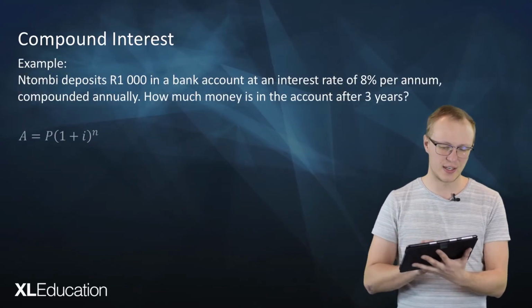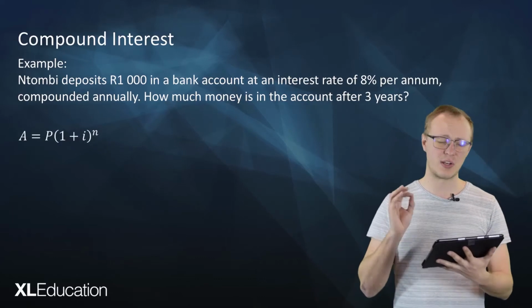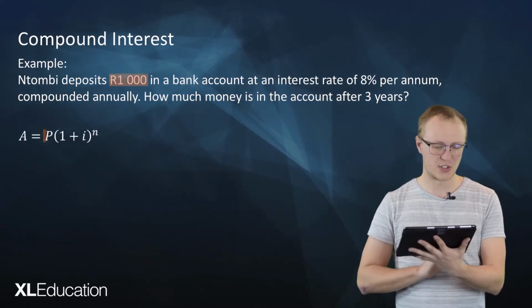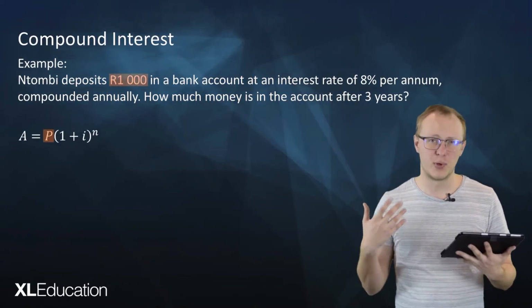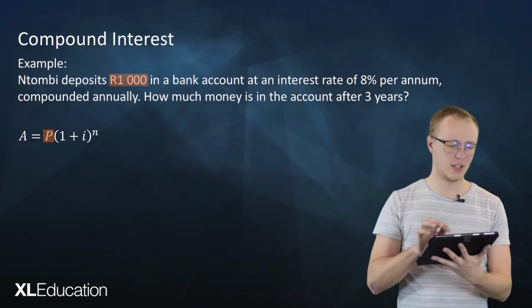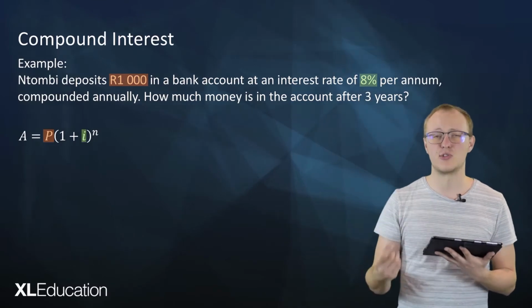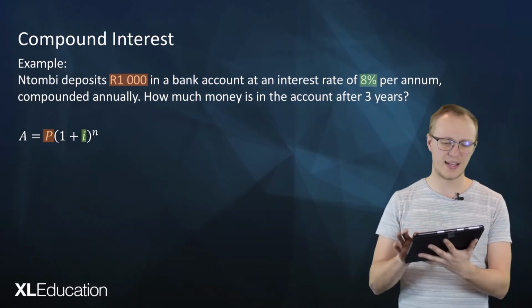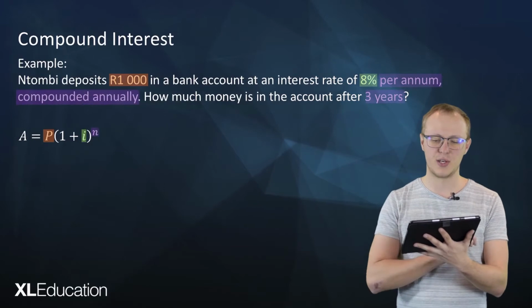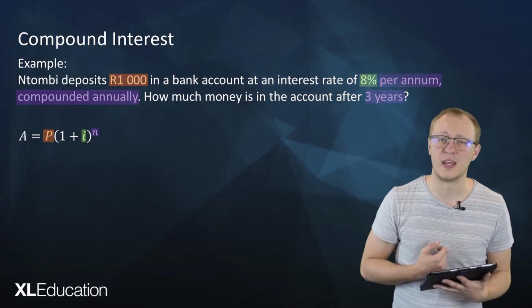So she's got 1,000 Rand in the account, and we're going to use this formula. So P is the principal amount that we put in at the start, and that is 1,000. i is the interest rate, and that is 8%. And n is the time period, and that is going to be 3 years.